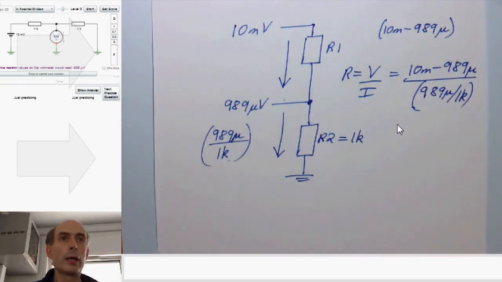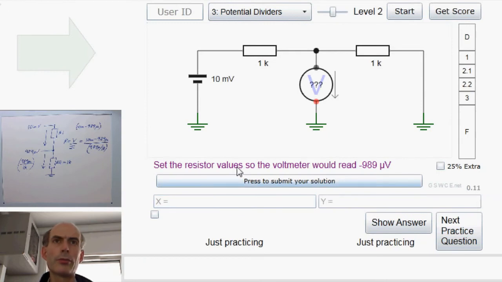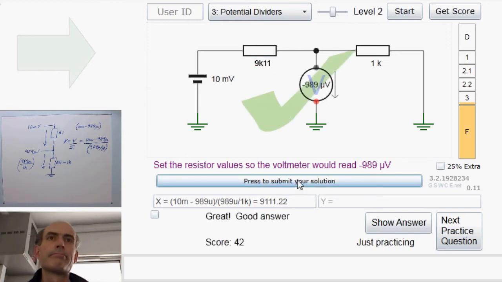All I need to do is work out that, and that should give me my answer. Well, let's give it a go. 10 milli minus 989 micro divided by 989 micro divided by 1K. 9111, so 9111, that should be close enough.